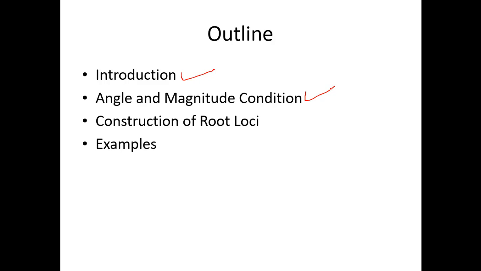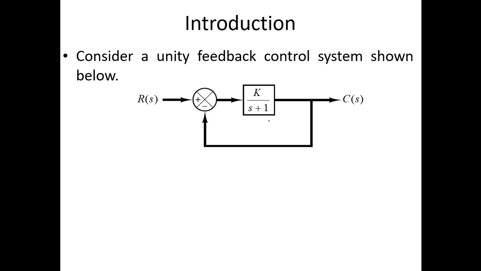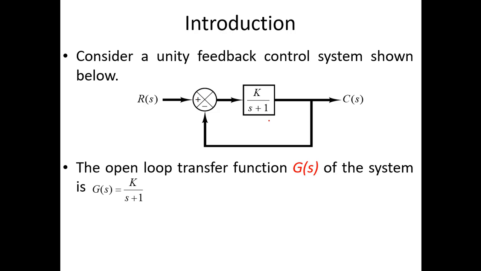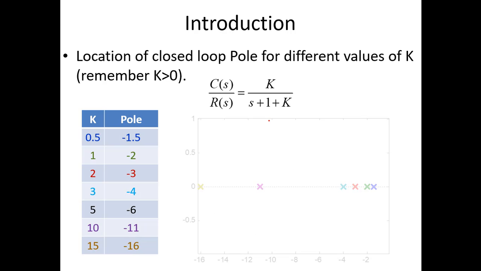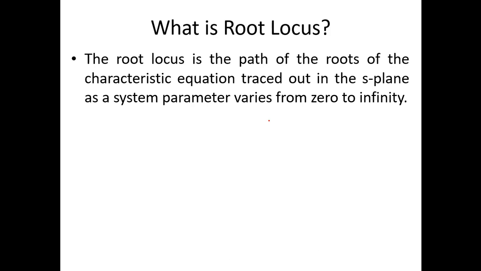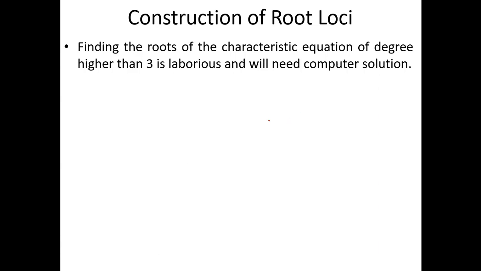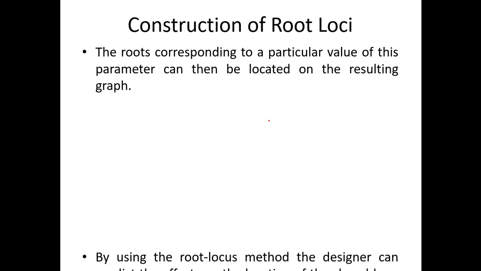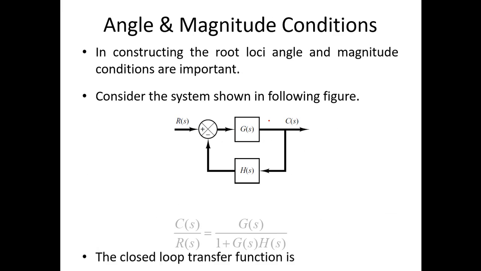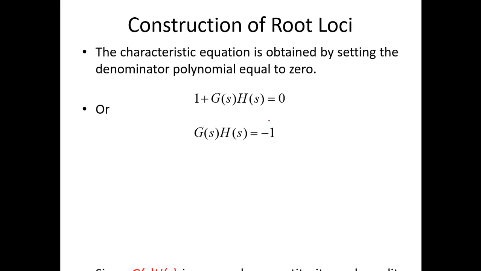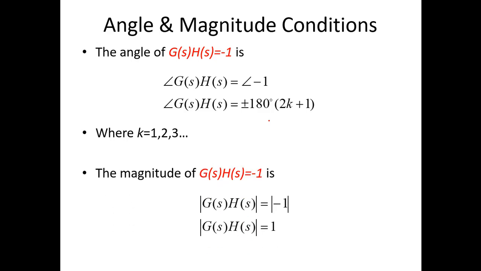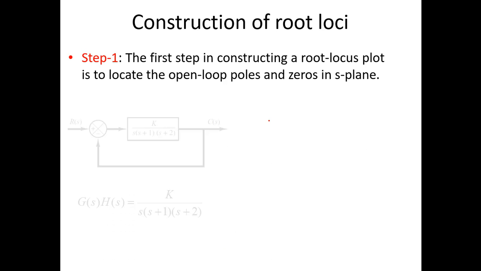Then we started the construction of root locus, in which we have done the first two steps. These were all the slides that belong to the first part of the lecture, and let's go towards the topic which was left in the previous part.